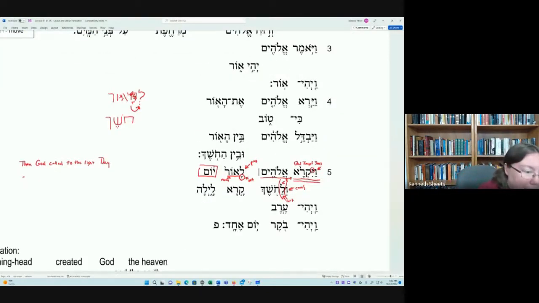So thus we have and to the darkness, qara, which is another verb, and this here is going to be that qal perfect third masculine singular of the verb qara.